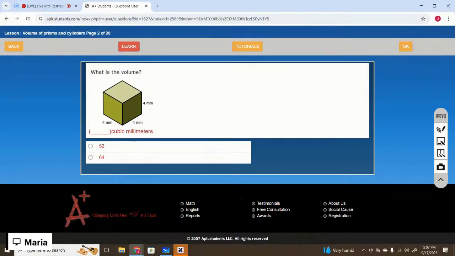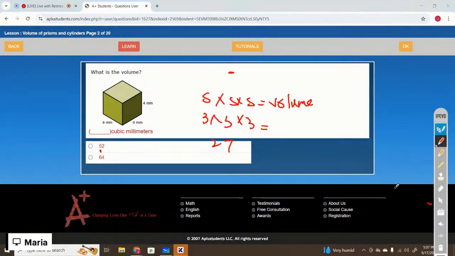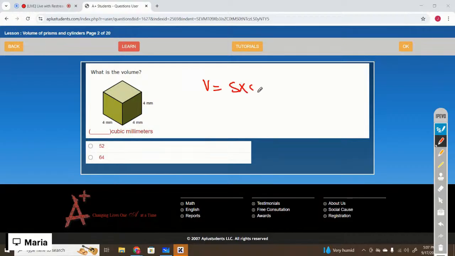What is the volume? That is volume equals side times side times side.